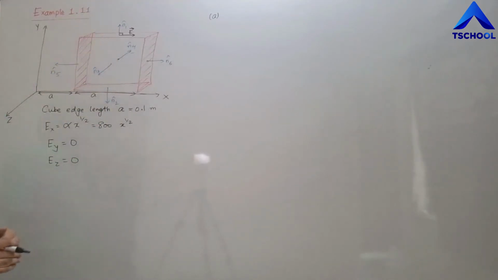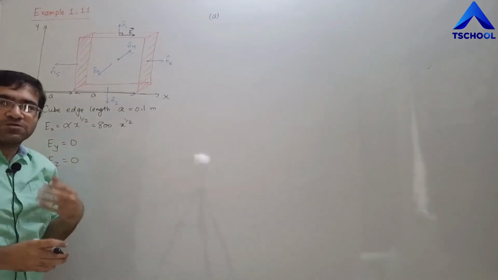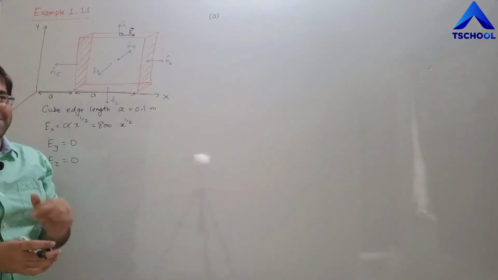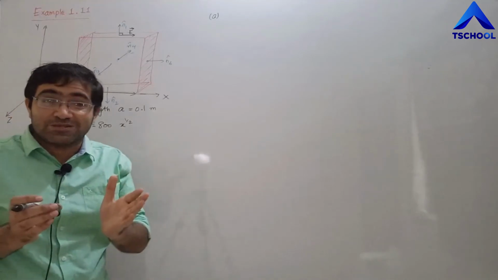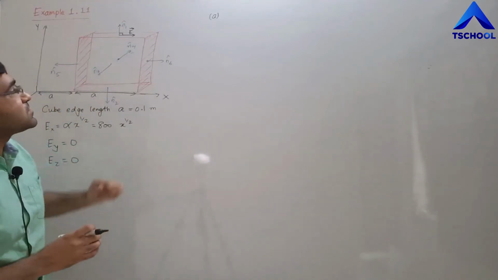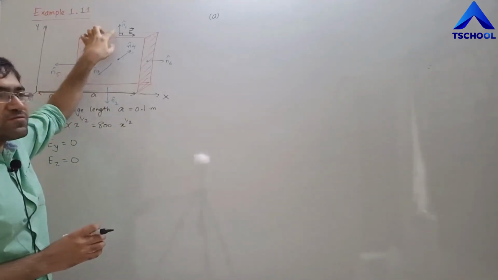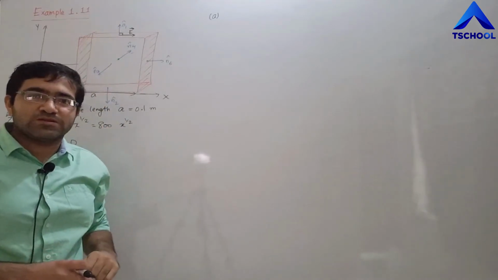So the angle between the electric field and that normal vector, or the area vector, is going to be 90 degrees. And if this angle is 90 degrees, cos 90 degrees is 0. So the electric flux for this upper surface is 0, right?